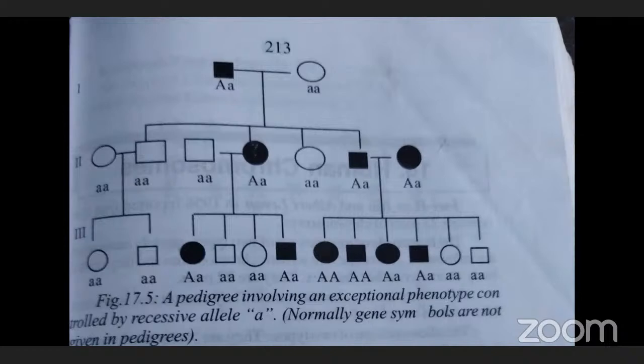The offspring are one normal male, one normal female, and so on, while one female and one male are affected by the disease. You can draw the diagram and understand it. This is most important. Clear?